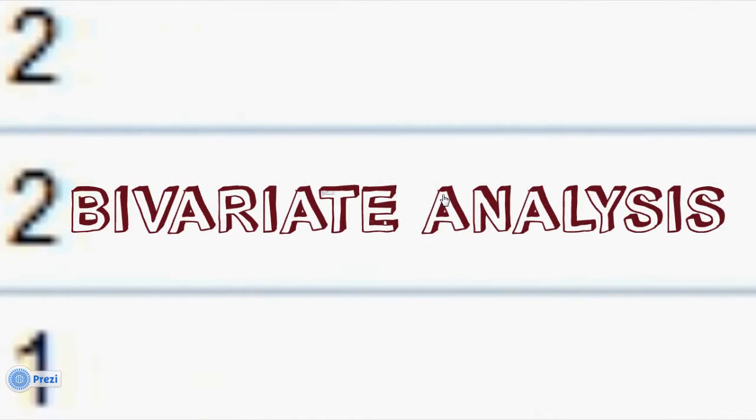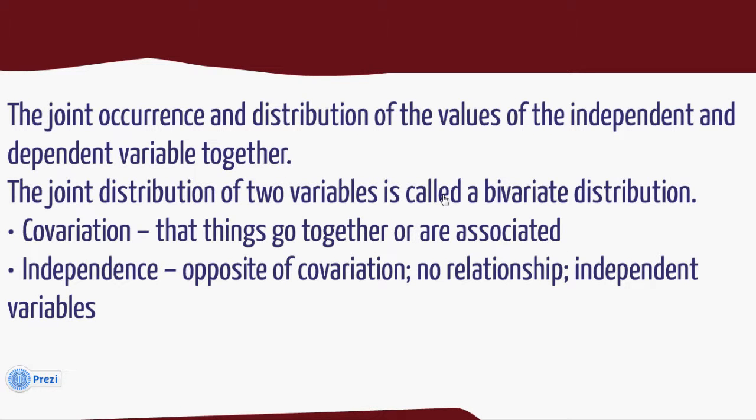Bivariate analysis. This is the joint occurrence and distribution of the values of the independent and dependent variable together. The joint distribution of 2 variables is called a bivariate distribution. Here are the techniques to decide the existence of a relationship between 2 variables.